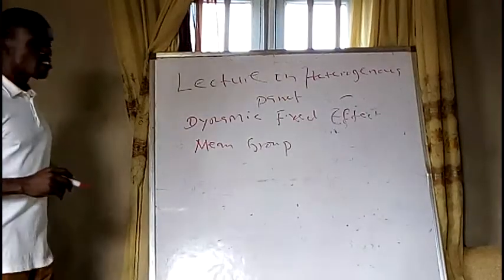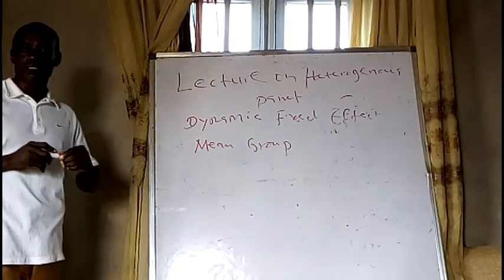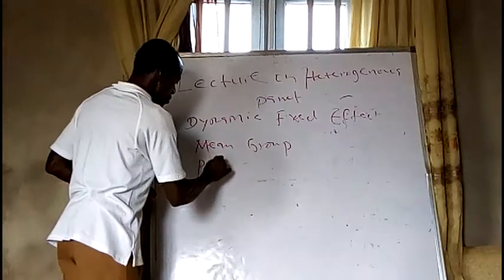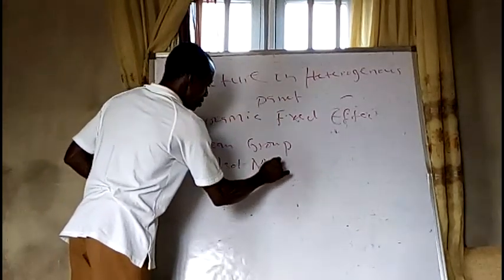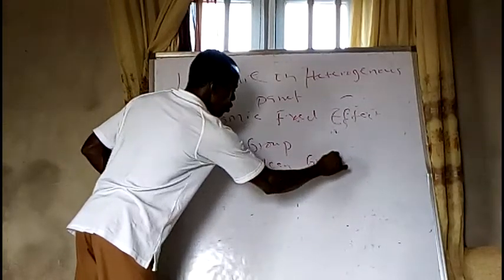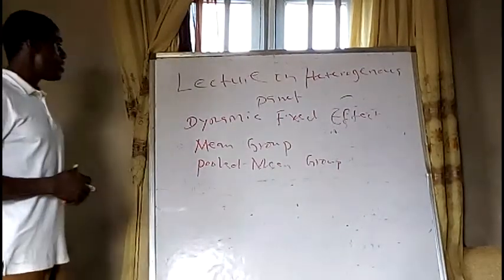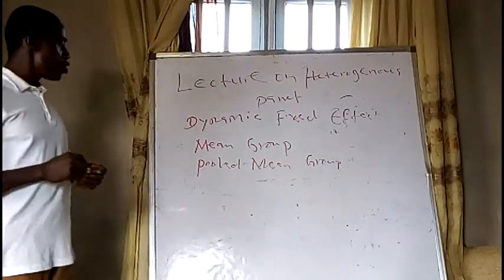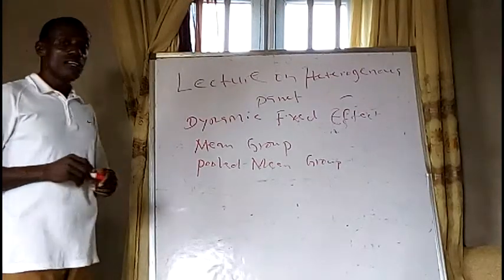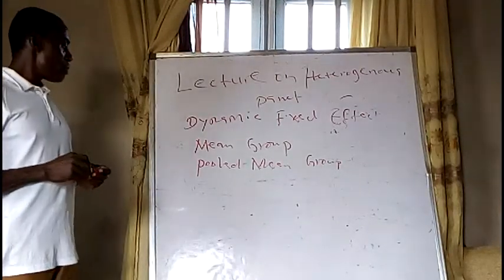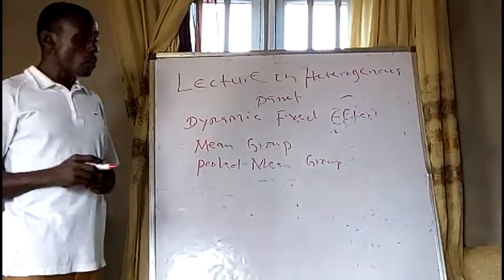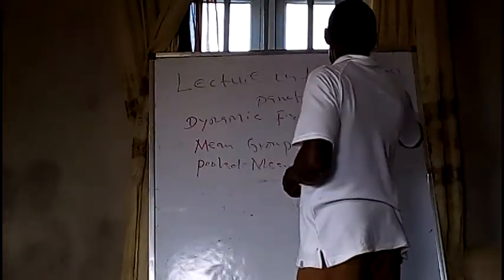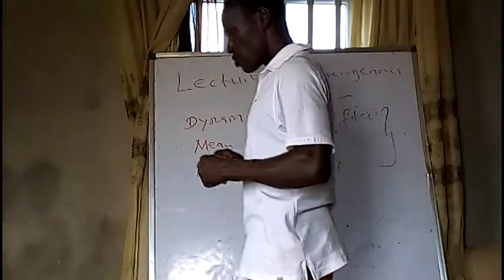In between the two extreme ends, we have the intermediary estimation technique, which we call pooled mean group. So we have the DFE, dynamic fixed effects. We have the mean group, MG. Then we have pooled mean group, PMG. So my discussion this afternoon will be centered on these three estimation methods.